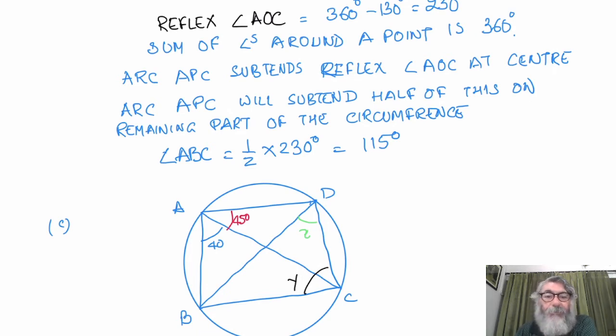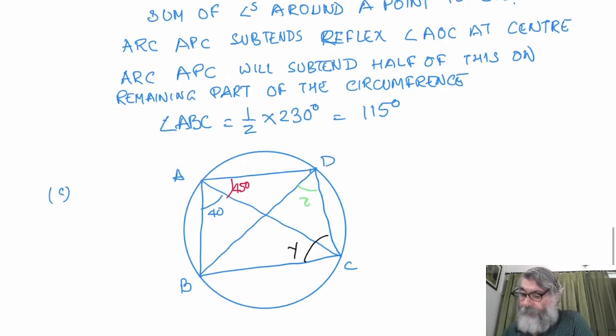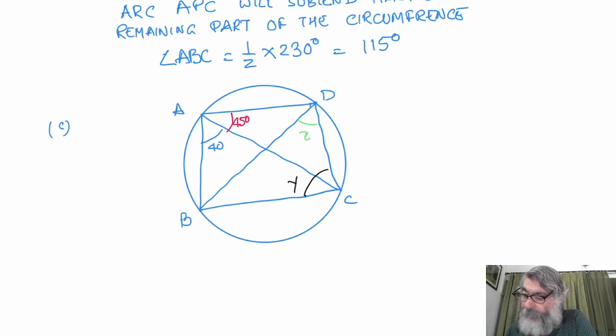You see, angle BAC is 40 degrees. Angle BDC is x. Both will be the same because they are angles in the same segment. So angle BAC equals angle BDC equals x equals 40 degrees, angles in the same segment.